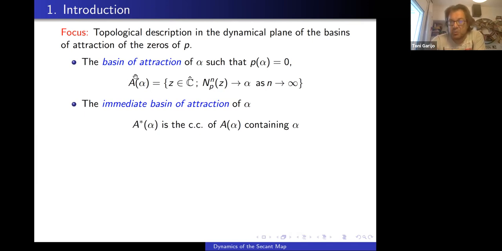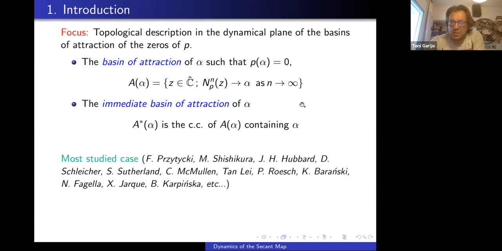These are obviously part of the Fatou set, and perhaps there are other behaviors, but this is part of the structure of the dynamical plane for the Newton map. Also, we define the immediate basin of attraction as the connected component of the basin of attraction containing alpha.